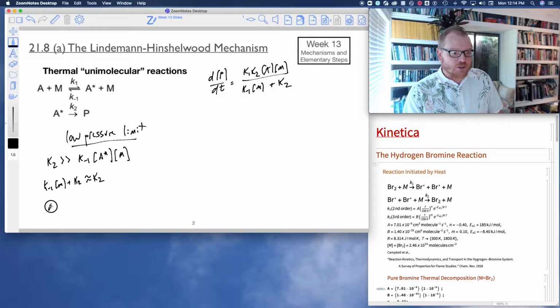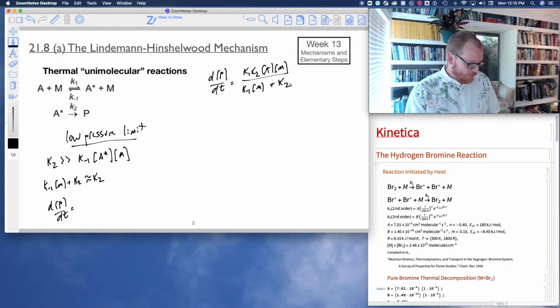And look what that's going to do to the product formation. Now in the rate of product formation, if we're ignoring this K minus 1 times M, then we have K1 times K2 times A times M divided by K2.